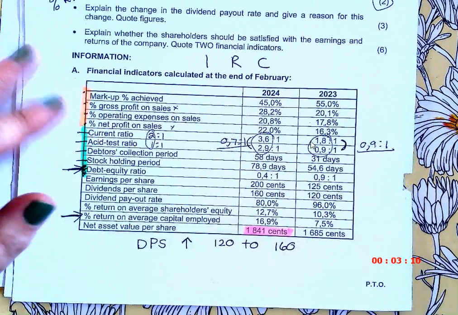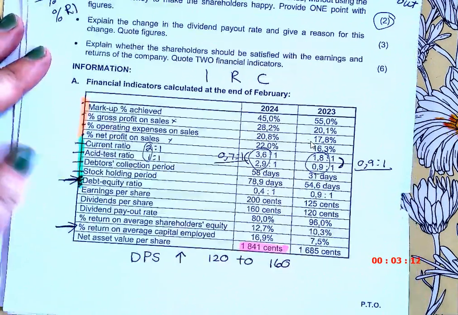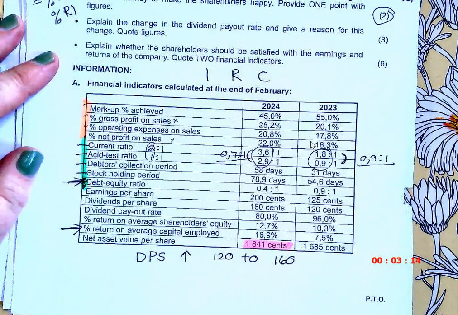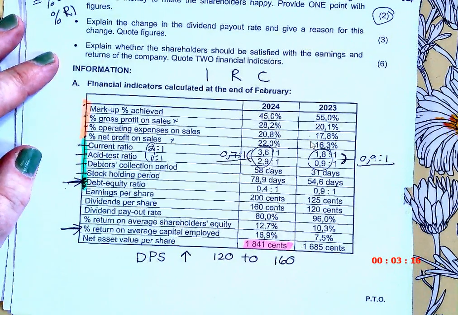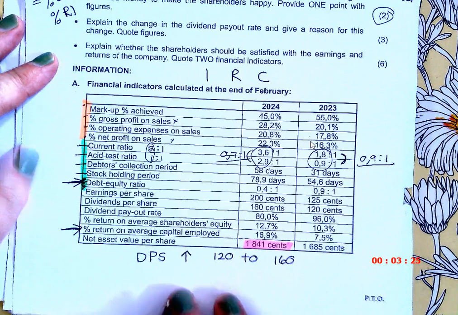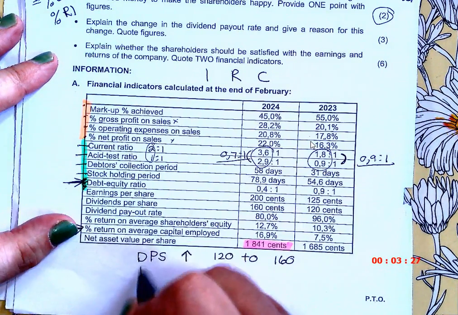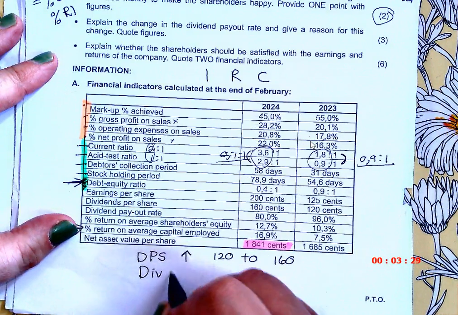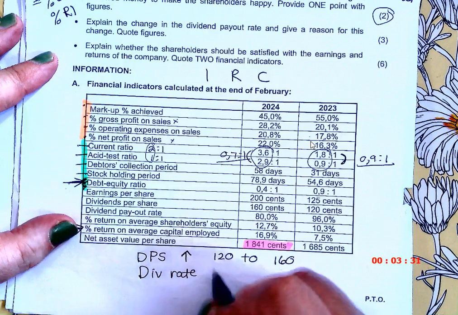Meaning, if you are a shareholder, you are now earning 40 cents more per share than last year. Can you see that? So this is good for you, and you are very happy. But now if I look at the payout, the dividend payout rate, can you see it decreased?